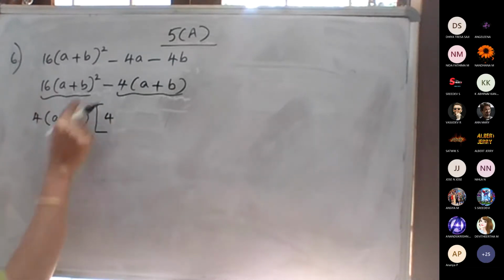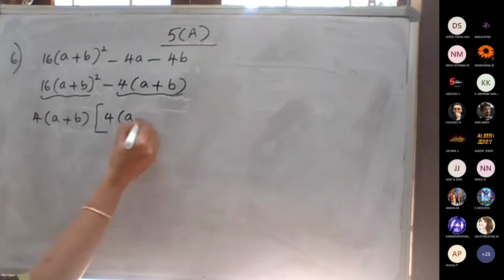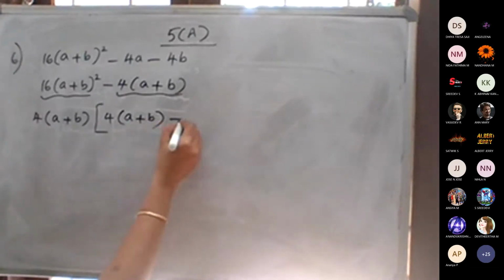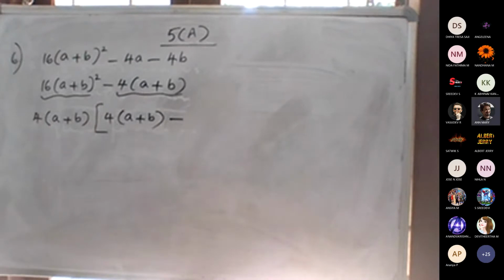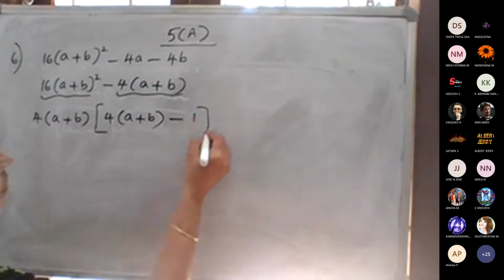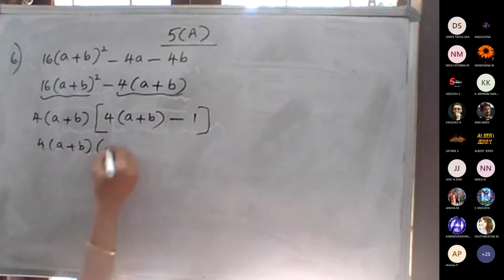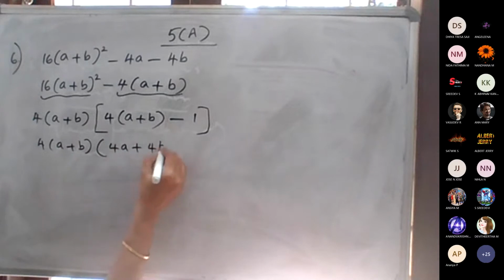We took 4(a plus b) only once, we need two, so one more (a plus b) is needed. 4 into (a plus b). Then minus nothing is there, so what do we want to write? 1. Okay. Then change the values: 4 into (a plus b), then 4a plus 4b minus 1.